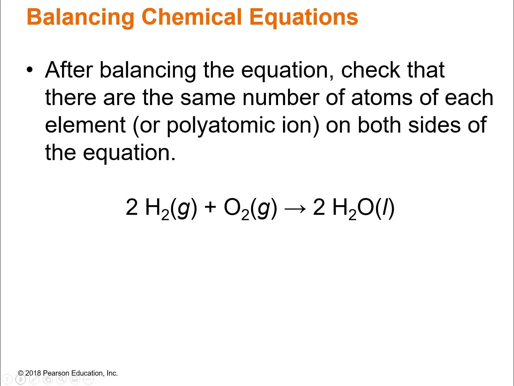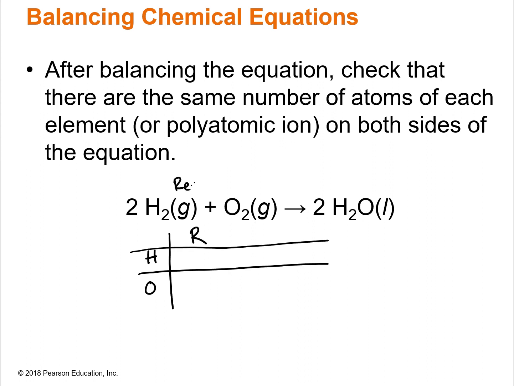After you balance, make sure that you have the same number of atoms of each element or the same number of polyatomic ions on both sides of the equation. And for that, I like to do a little chart. The elements that we have are hydrogen and oxygen. We've got reactants, I just use an R. Products, I use a P. Then I go through and I count how many of each atom or ion I have.